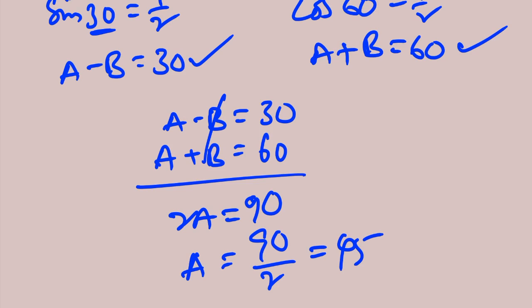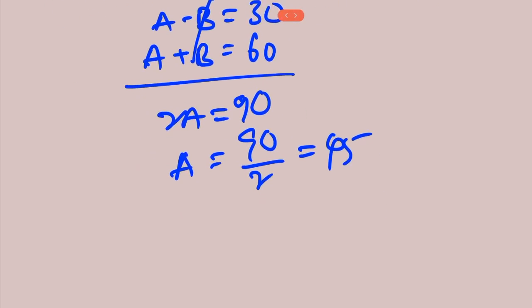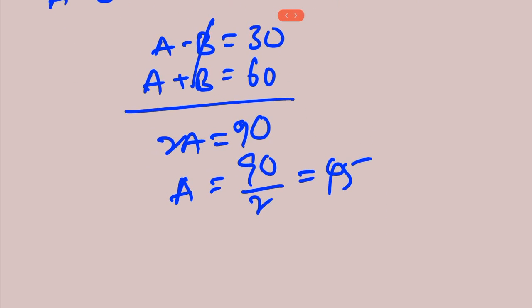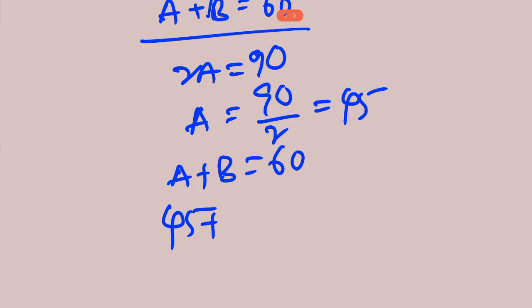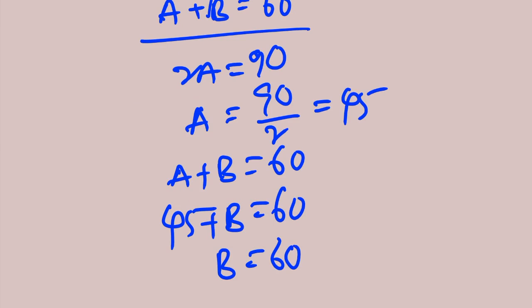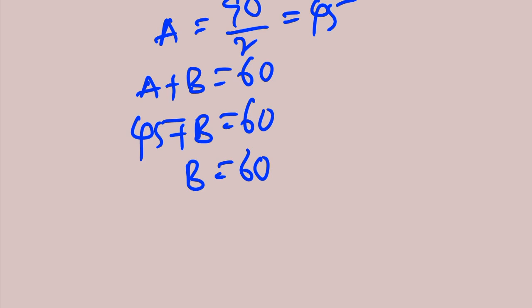So what is a value here? A value is 45. If I substitute this a value in a plus b is equal to 60, then 45 plus b is equal to 60. Then what is b? 60 minus 45, so b value is 15.